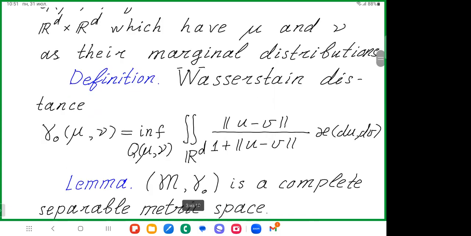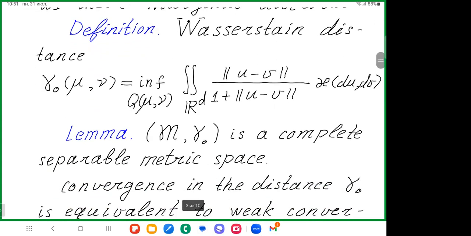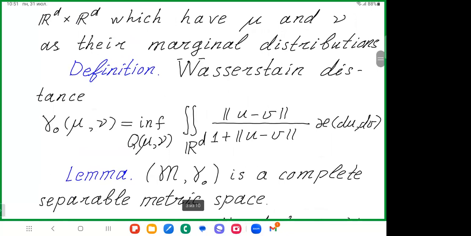The following lemma is well known. The set of all probability measures with this Wasserstein distance of order 0 is a complete separable metric space. Maybe we already believe that this is a distance, but how can one get separability and completeness?